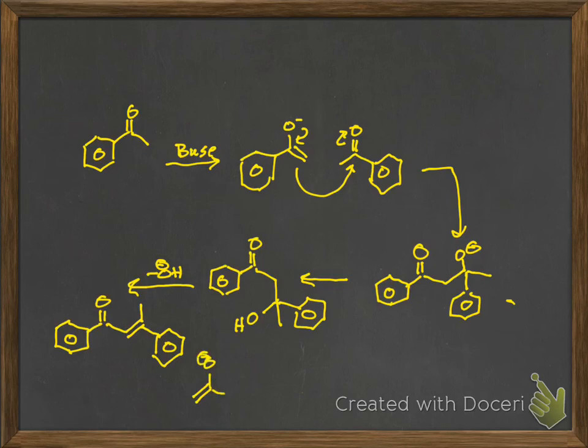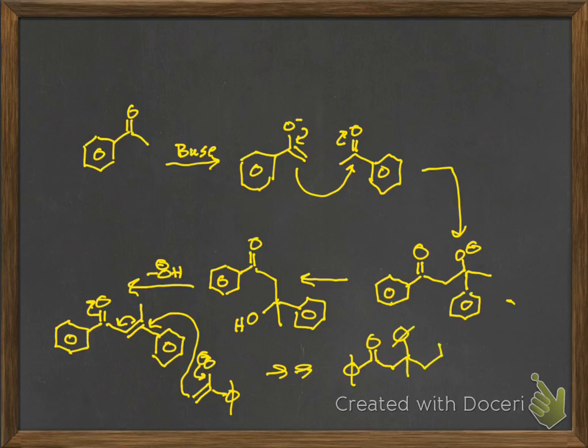Here comes another enolate. Conjugate addition. And what you wind up with is this. So this is Claisen addition, Claisen condensation, alpha beta unsaturated, bleh.